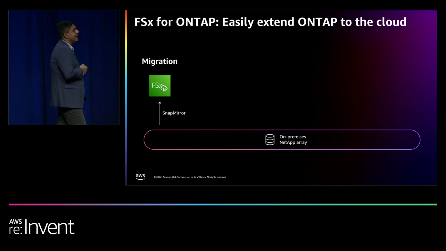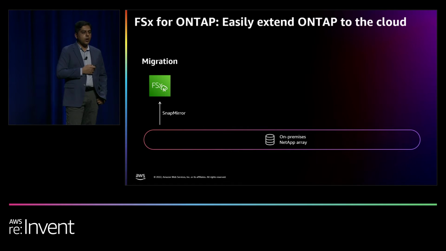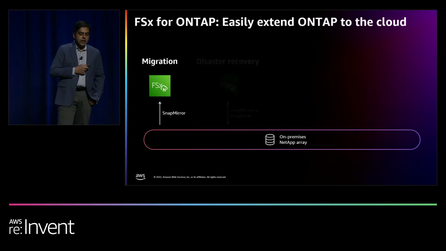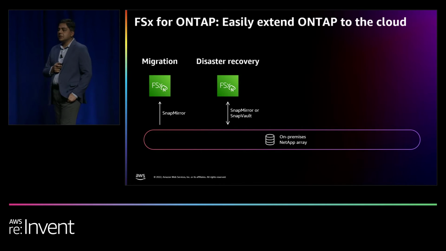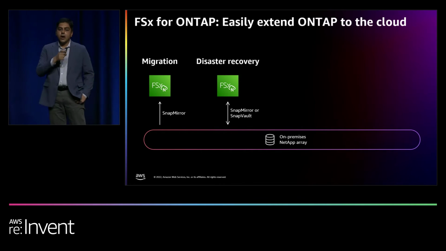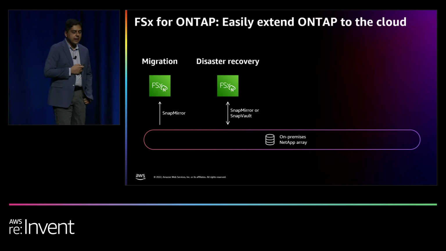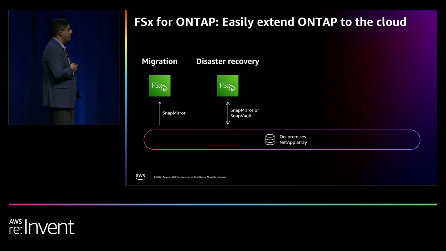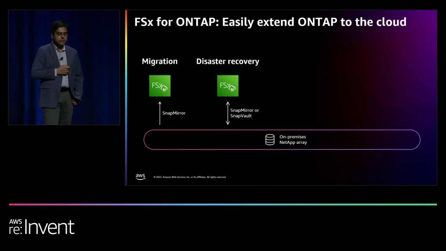What do we mean by easily extend ONTAP to the cloud? It's not just that you can migrate easily using all of the ONTAP capabilities you're used to, but you can also run multi-region disaster recovery, or maybe on-prem to AWS disaster recovery and things like that, using SnapMirror or SnapVault capabilities within ONTAP.